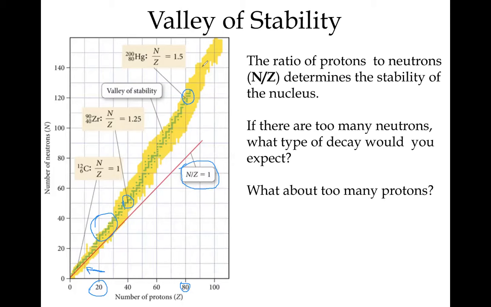So if the N/Z ratio is high, meaning it's out here somewhere, above the valley of stability, that means it has too many neutrons in that ratio to be stable. And so it's going to convert the neutrons into protons via, remember, beta decay.